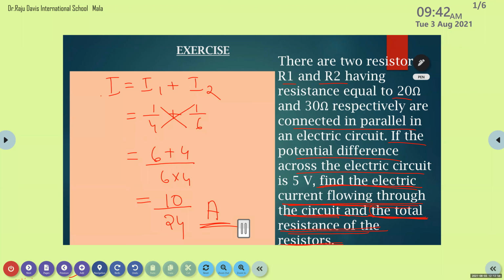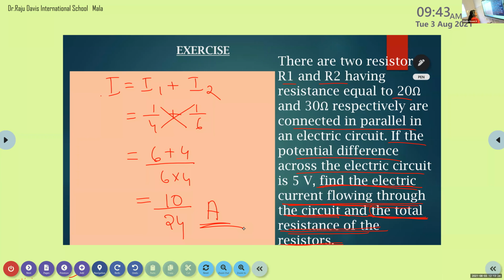Can we simplify this 10 by 24? What about the decimal representation of 10 by 24?